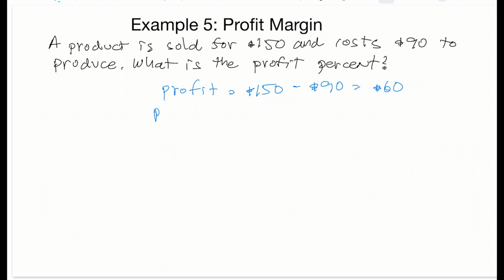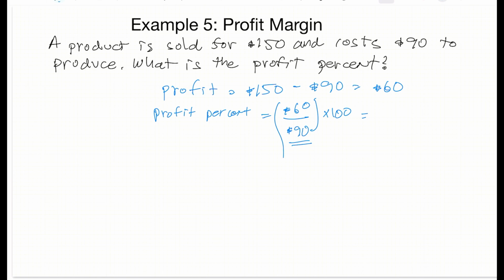So our profit percent is just going to be the $60, because that's our profit, divided by our cost, and then we multiply that by 100 since this is going to be a percentage.